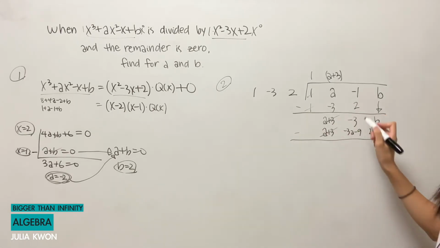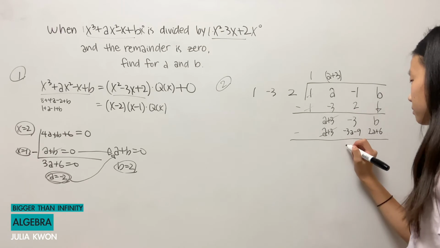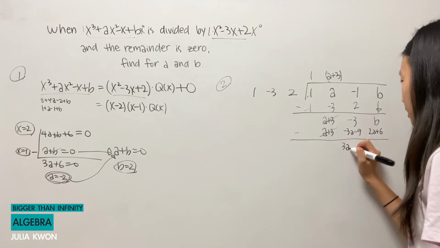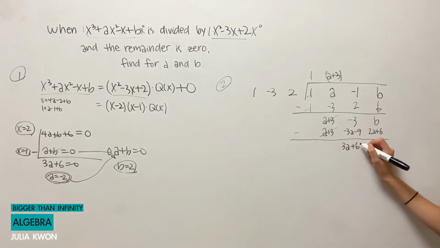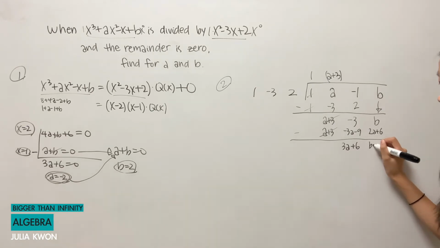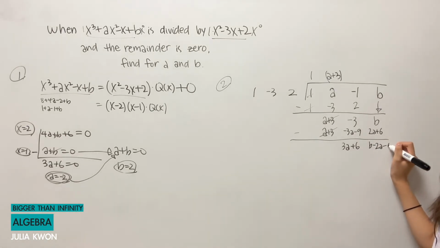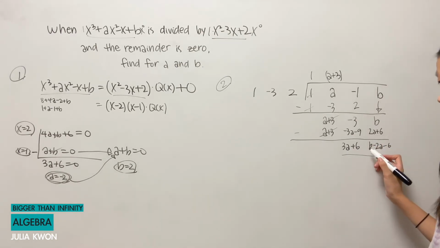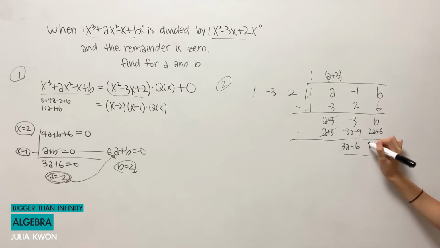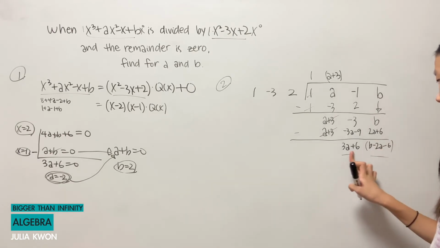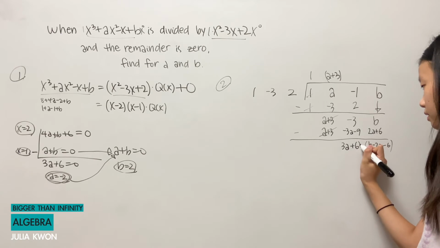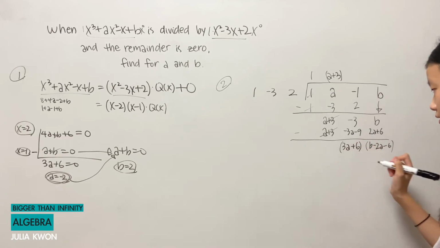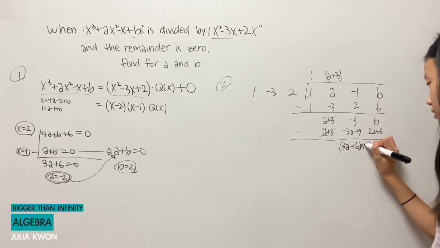These two cancel out, and we have 3a plus 6. And here we have b minus 2a minus 6. So this is the remainder. This is the remainder, and this is all of the constants that we will get. And this is the constant for the x.